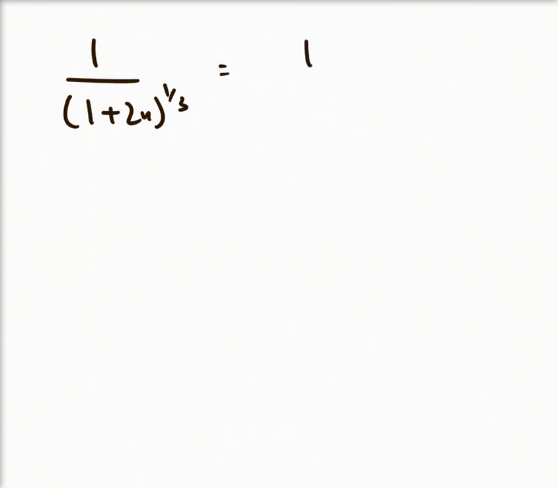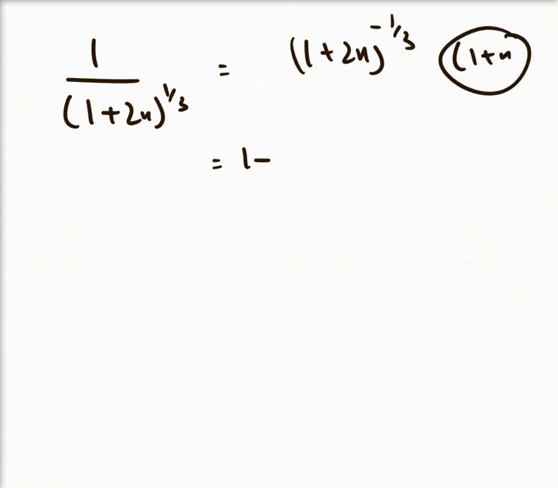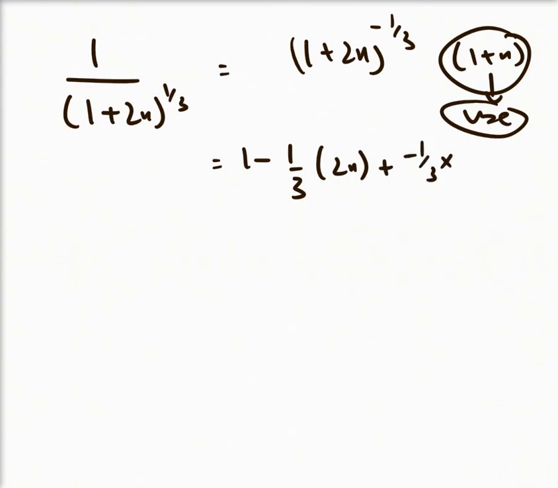It can be written as (1+2x) to the power minus 1/3, and using the expansion of 1 plus x, we can write it down as 1 plus (-1/3)(2x) plus (-1/3)(-4/3)/2 times (2x) squared.